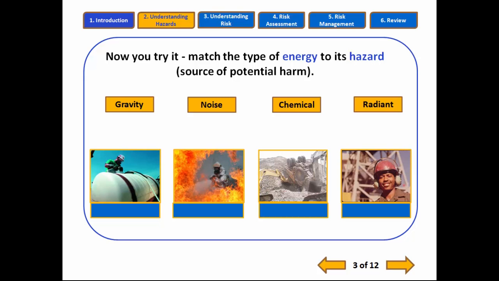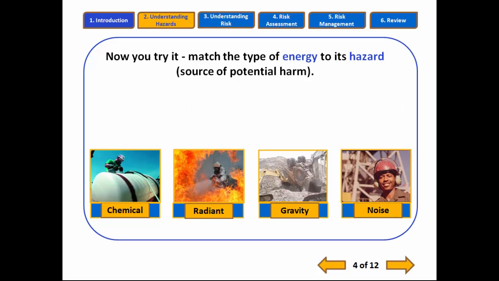And we're back. So, here are the matches. Take a moment, compare with what you matched yourself, hopefully, a moment ago. So, chemical energy associated with this chemical storage tank.